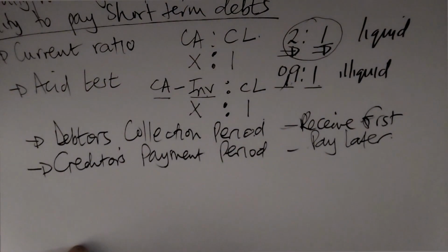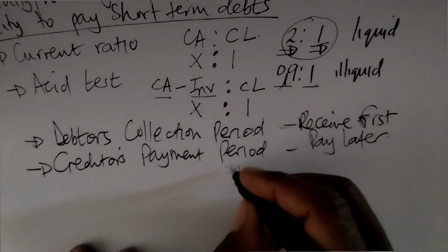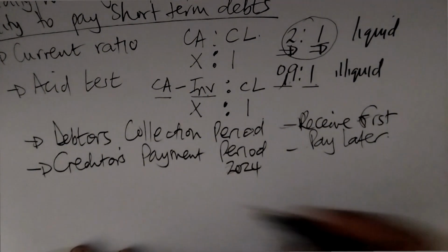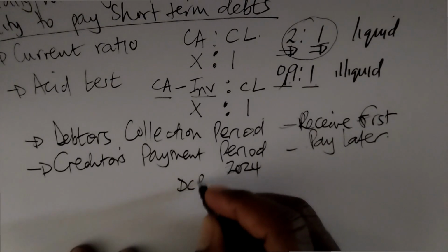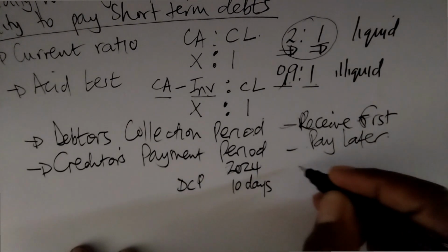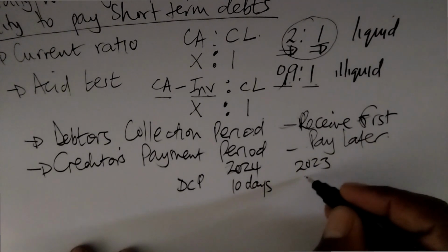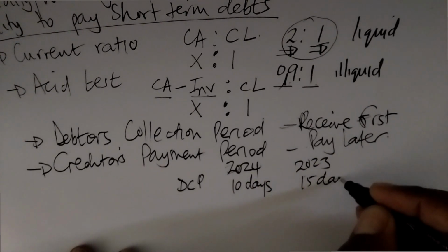Now, to explain further, let's say in 2024, the debtors collection period is 10 days. Then in 2023, the debtors collection period was 15 days.